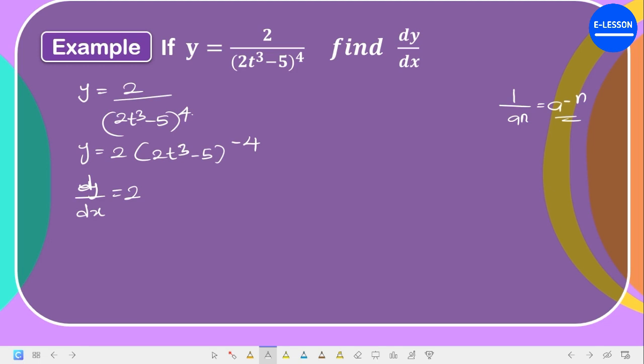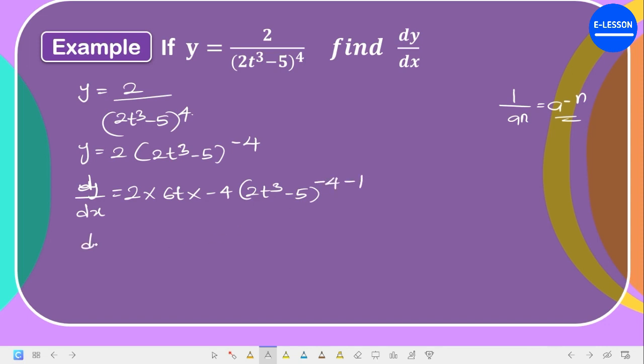Differentiating what is in the bracket: 3 times 2 gives 6, then t, which is 6t^2. Differentiate minus 5, it gives 0. So we have times the power, minus 4. Write what is in the bracket again, which is 2t^3 minus 5, and subtract 1 from the power, which is minus 4 minus 1.